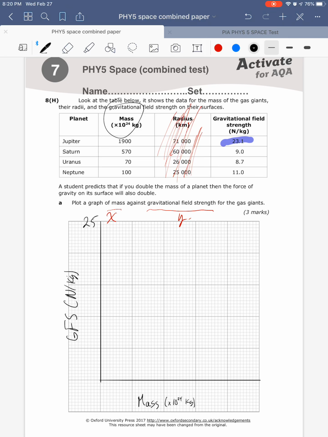It's really important that you always go up evenly, and you almost always want to start from 0. You don't want to start at 100 or put a squiggly line after the 0. Try to start from 0. So that's going to make that 5, that 10, that 15, and this 20. For mass, I need to go up to at least 1,900 kilograms.